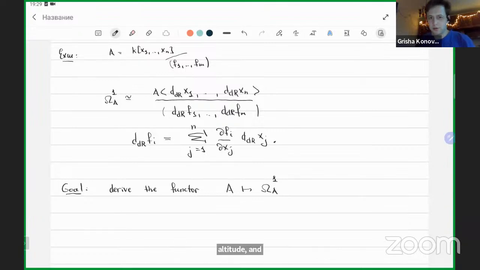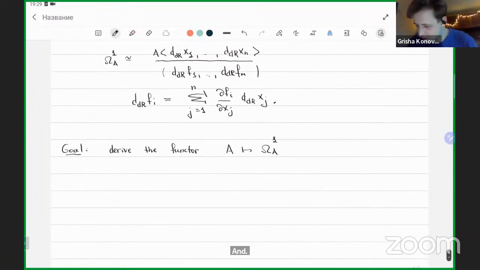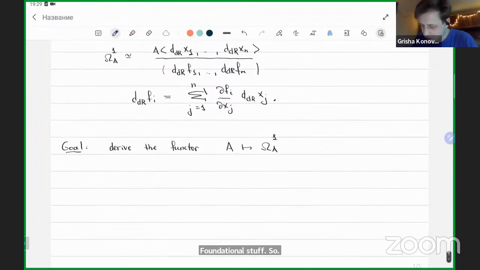We'll talk later about applications of that, but in what will follow, I want to focus more on the definition, proving existence and properties, and doing basically some foundational stuff. So let's call it another section.